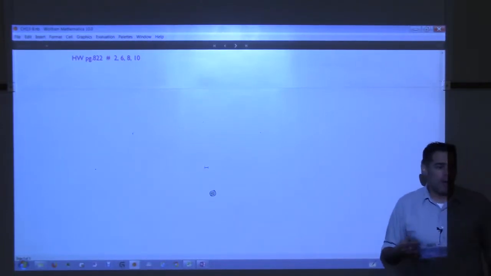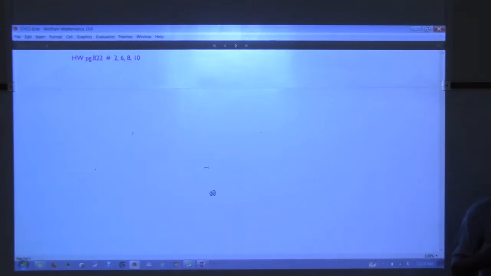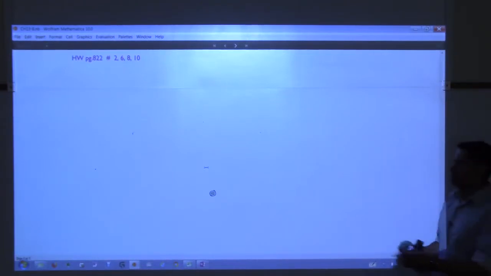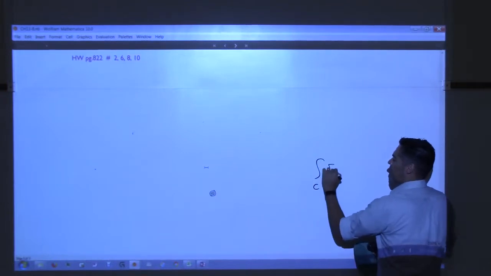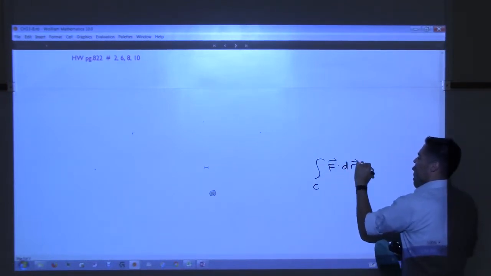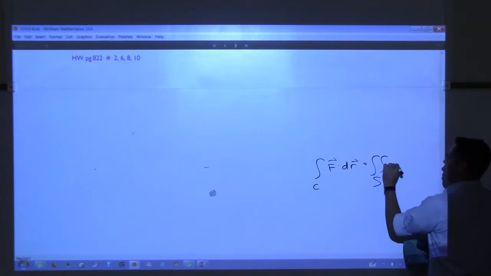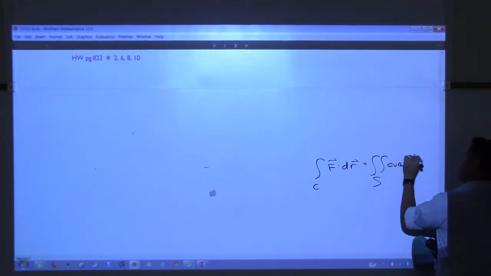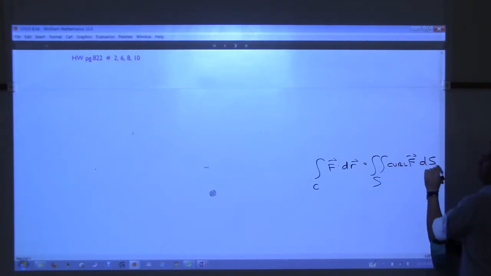We are now going to go back and look at the divergence theorem, which is 13.9. I want you to understand the divergence theorem is there to help us do flux. What we just did, Stokes' theorem, allowed us to turn this into curl F dS.